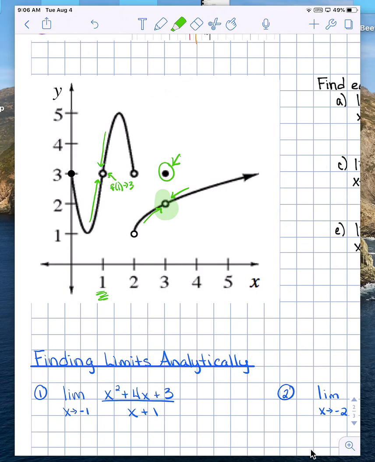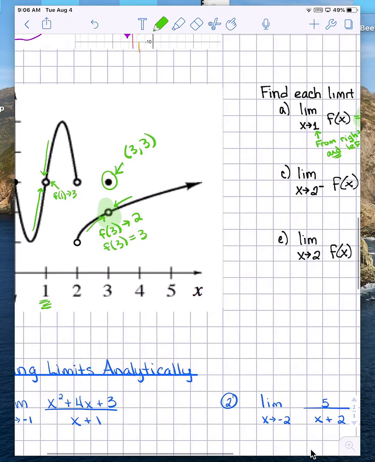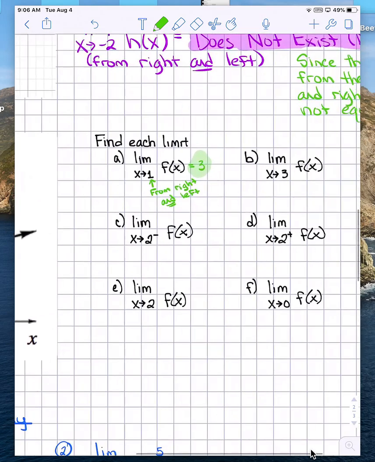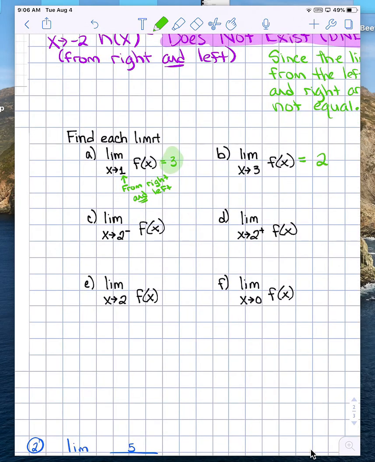So we can say that f of 3 is approaching 2, even though f of 3 is equal to 3. That's what this is. This point (3, 3) is a point on the function, but that's not what we're concerned about. We're concerned about what it is approaching. All right, so that limit is 2. That's what we're getting closer and closer to. We're getting closer and closer to that hole.